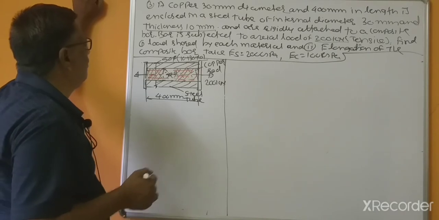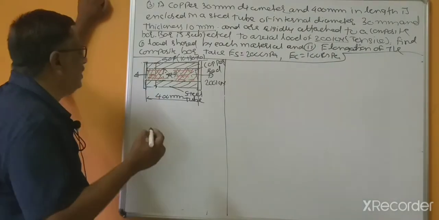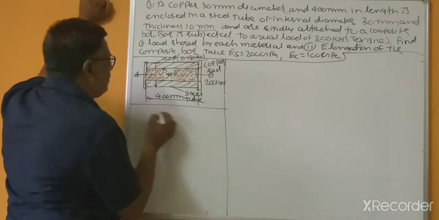Now what is the first step? First calculate the area of cross sections.